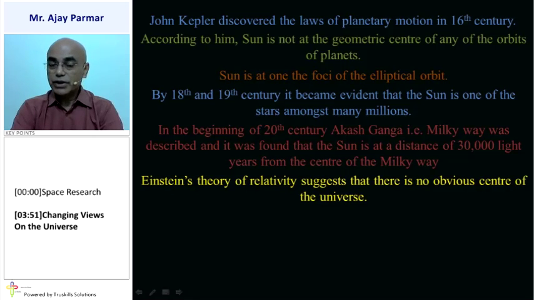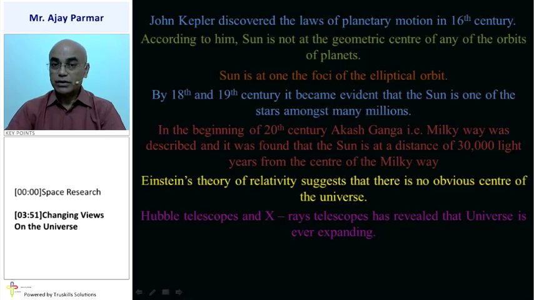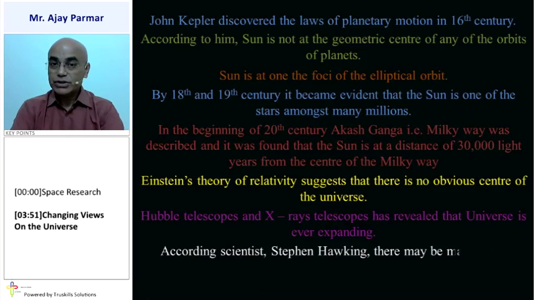Einstein's theory of relativity suggests that there is no obvious center of the universe. Hubble and X-ray telescopes have revealed that the universe is constantly expanding. And according to the scientist Stephen Hawking, whose name you must know, there can be many more universes.